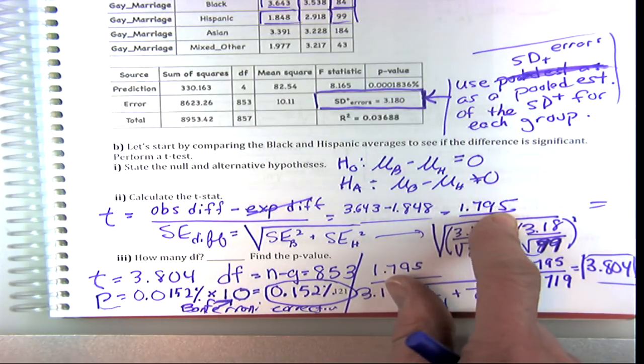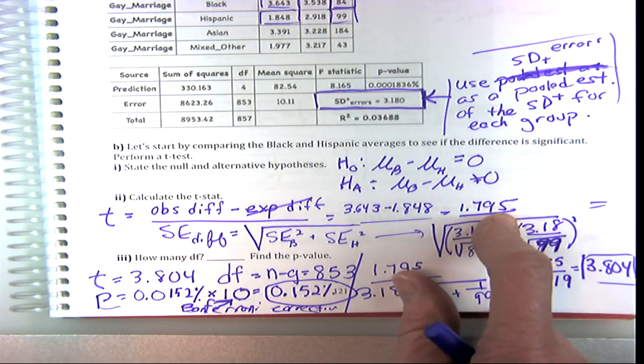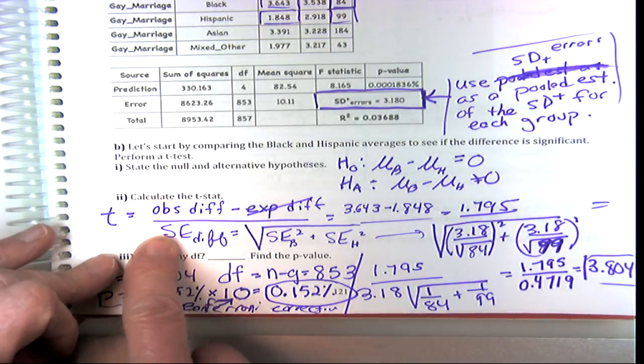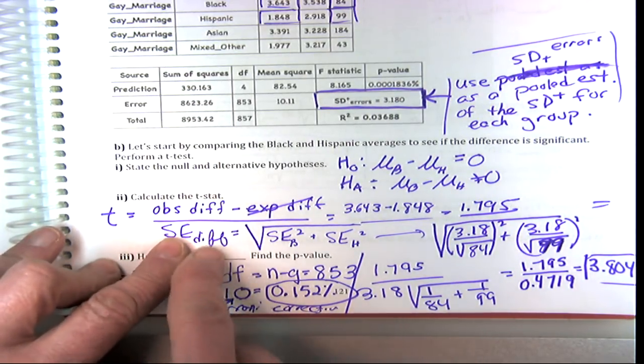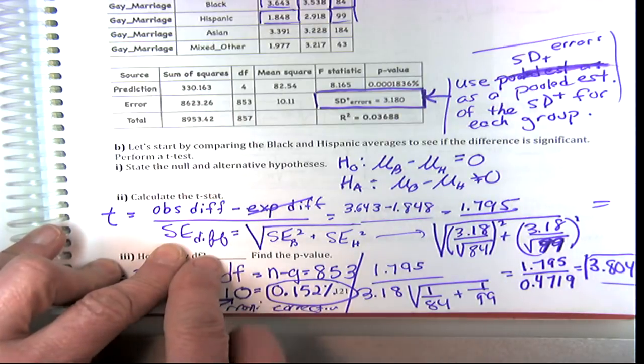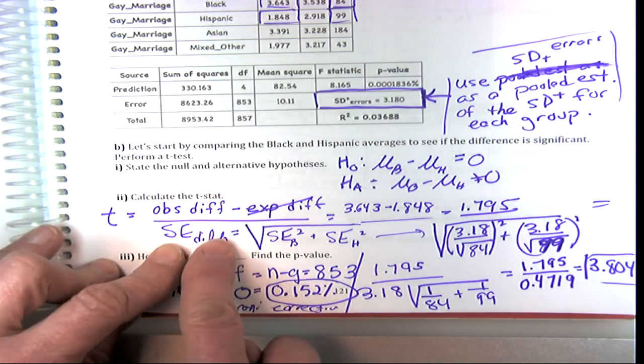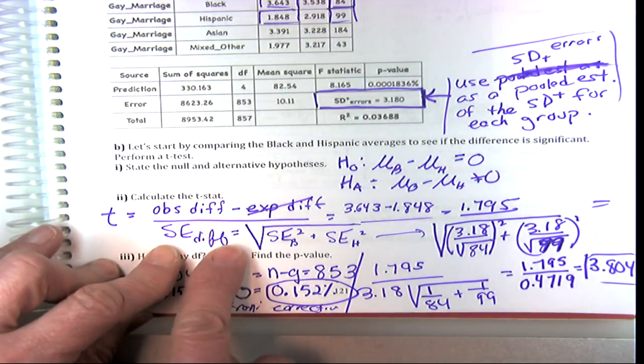So we have to compare it to what? Random variation. The typical variation you'd see, the sampling error, the difference in the sampling error between the 2 averages. The typical variation you'd see if you randomly did this over and over and over again. That's called the standard error of the difference here.